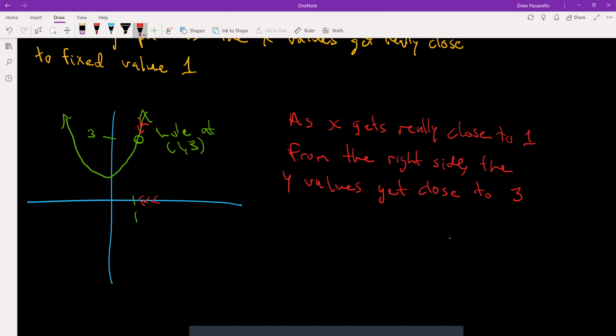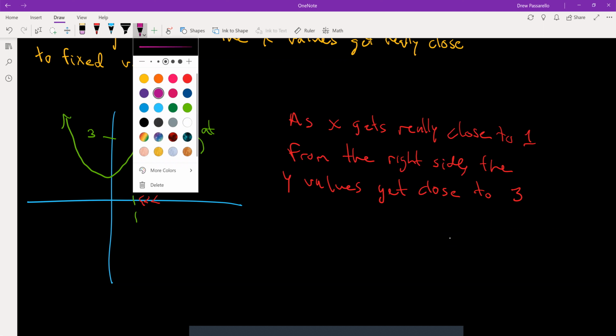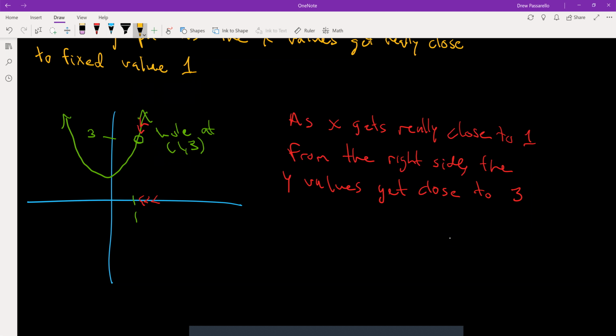Now, if we approach 1 from the left side, let me use yellow. So if we're getting closer and closer to 1 from the left side, the y coordinates of these corresponding points are also getting closer to that same y value of 3.